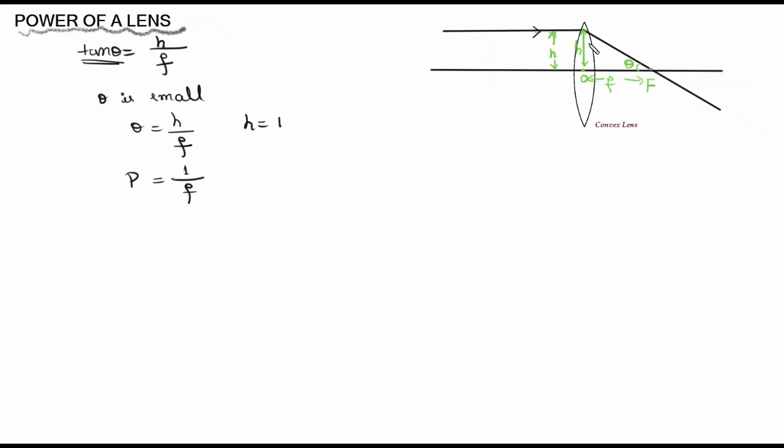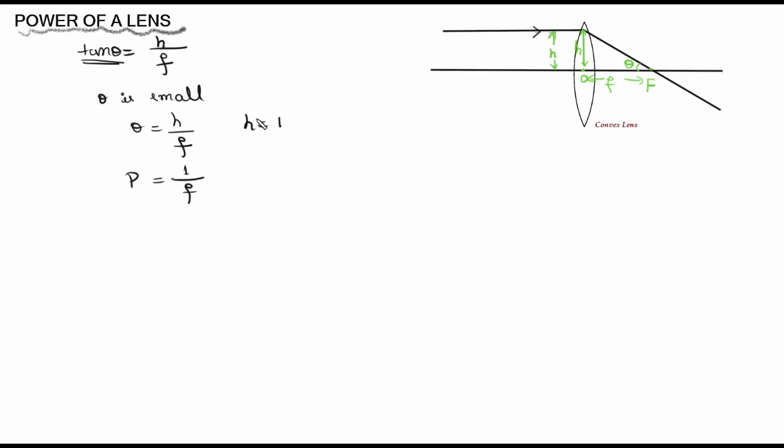If you take a concave lens, divergence will take place. So we are calling it the tangent of the angle by which it converges or diverges a ray of light parallel to the principal axis incident at unit distance from the optical center.